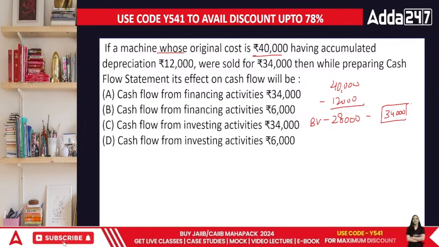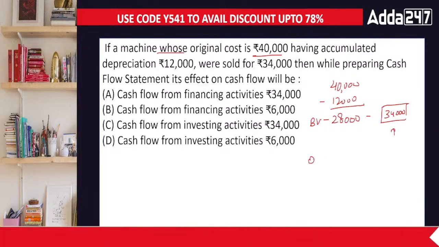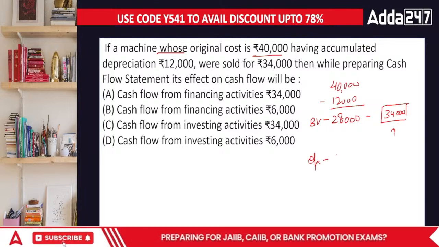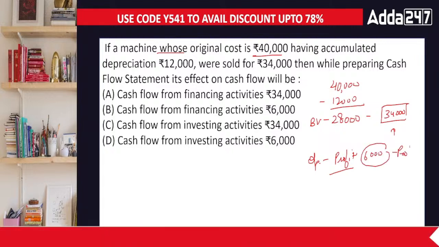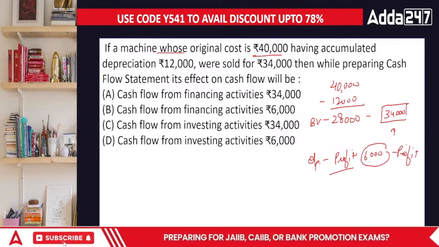See, the money that you are receiving is obviously 34,000. In the operating activities, you can adjust the profit of 6,000. This is my profit. But cash flow talks about inflow and outflow of cash.